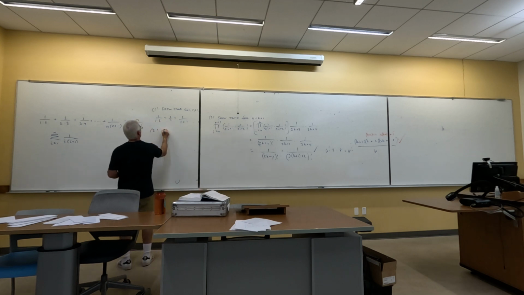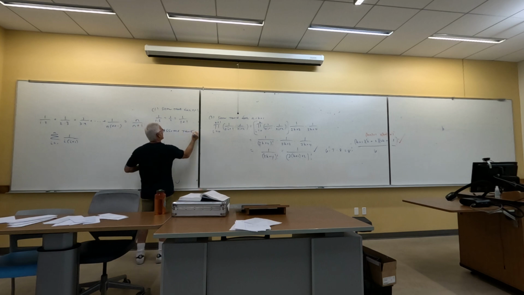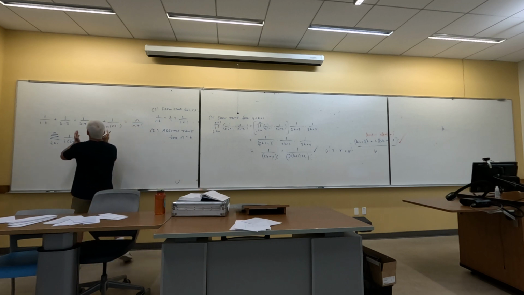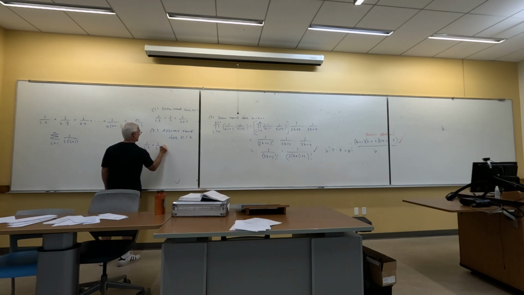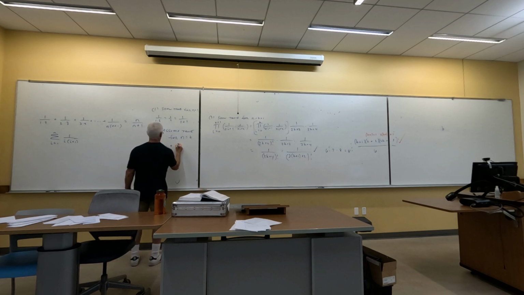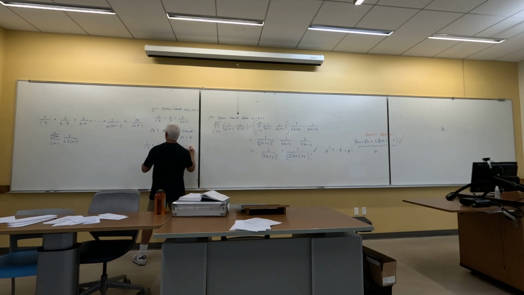So, assume true for n equals k. So what am I going to assume is true? I'm going to write it in this form. I'm going to assume then that 1 over 1 times 2 plus 1 over 2 times 3 plus 1 over k times k plus 1 is equal to k over k plus 1.